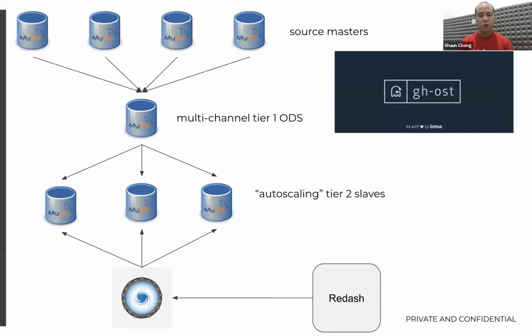But we actually use Ghost because we wanted to ensure that the slaves don't lag behind too far, right? What Ghost does is monitor all the way downstream how much lag you have from the source masters. If there's too much lag, the online schema change, basically the table copies, will slow down.